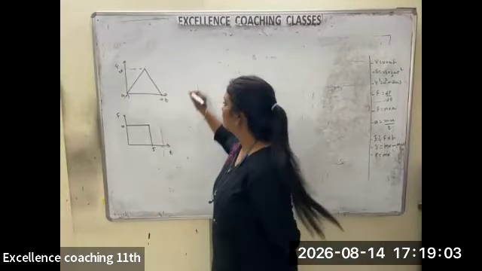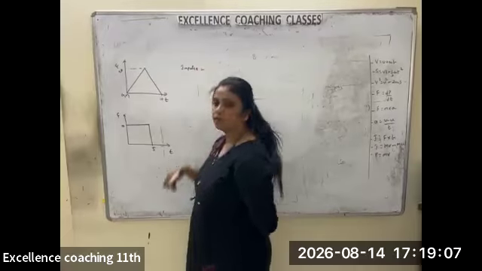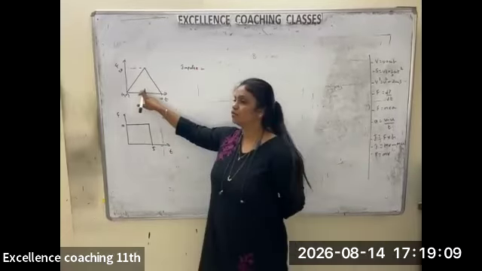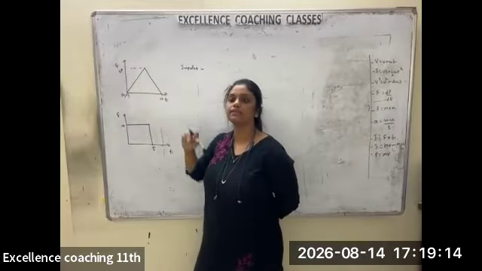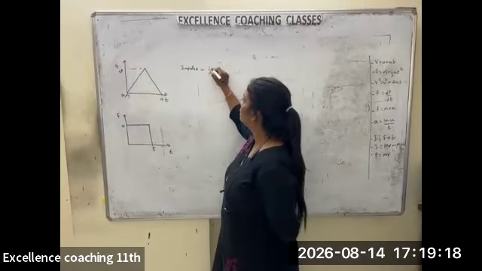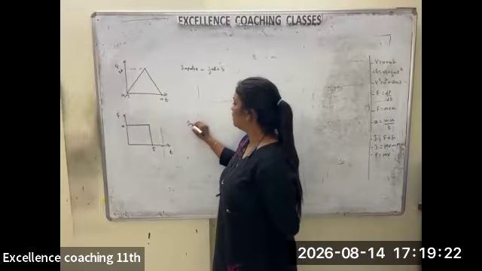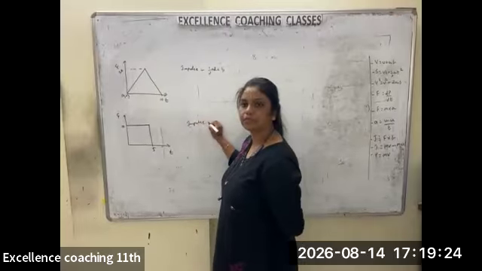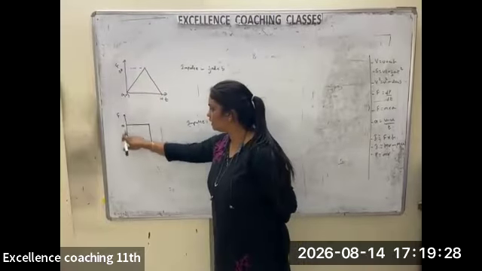Okay. If I want to find impulse here, in the first case, what do I have to take? Area under this graph. So what shape is this? Triangle. So it will be half length into breadth. Here, if I want to find impulse, area under FT graph. So this is my graph.